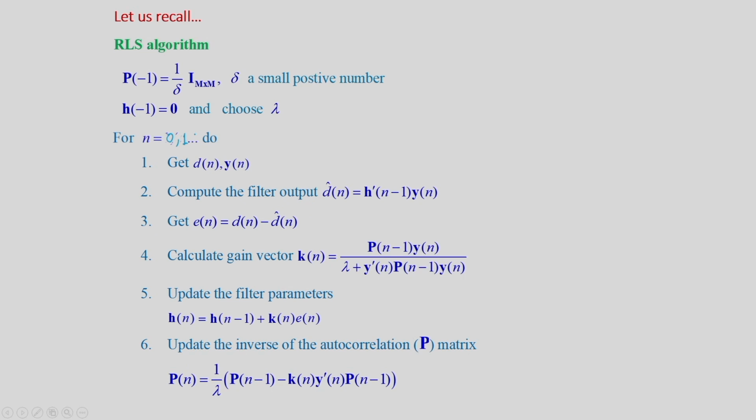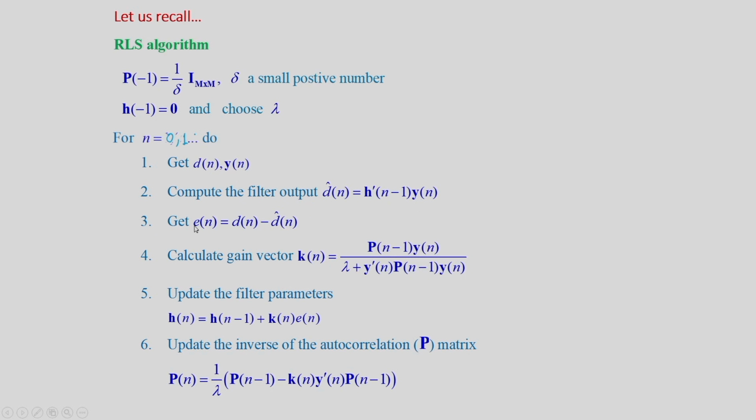Now, for n equal to 0, 1, etc., we carry out these computations. First, get dn and yn, the desired signal and the input vector. Compute the filter output d hat n, that is the previous filter estimate into yn vector.